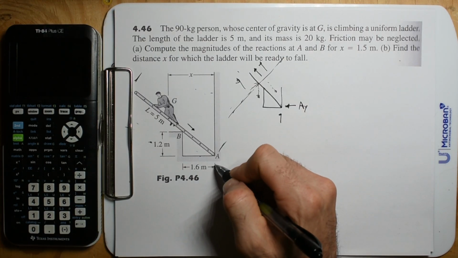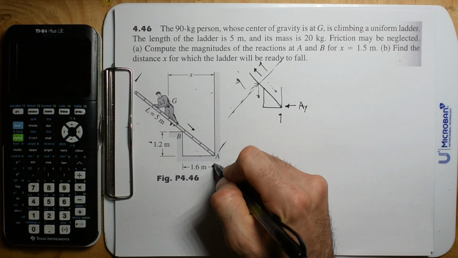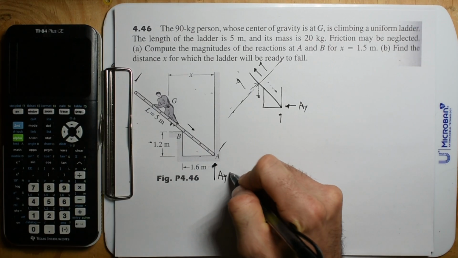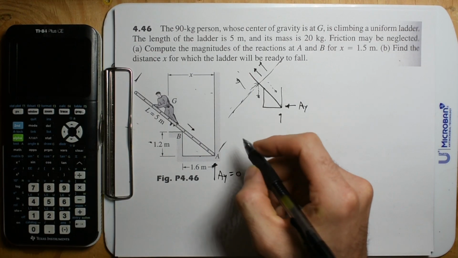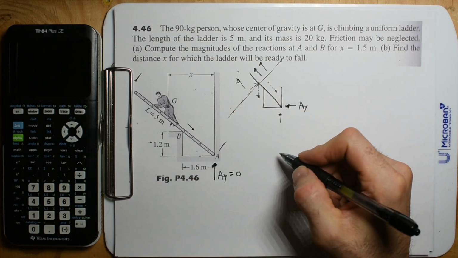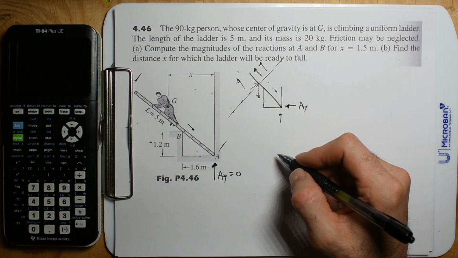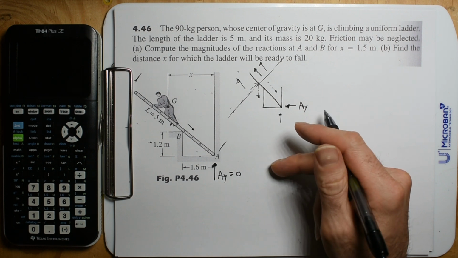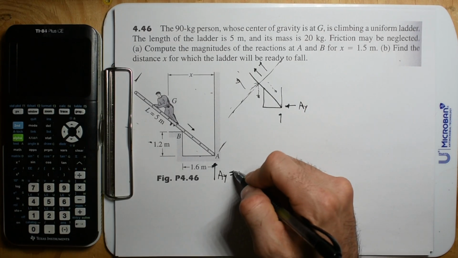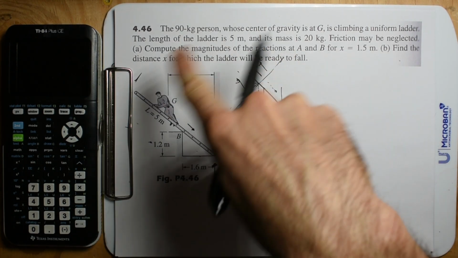But that gets into the point of, well, what happens when this thing tips is that this reaction, AY, becomes 0. It is no longer providing a torque in this direction. Well, that's true.